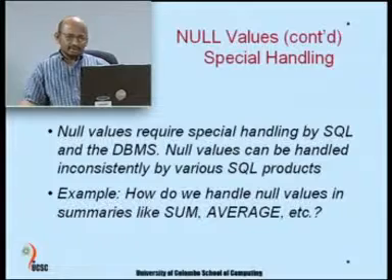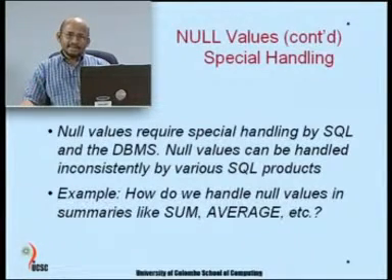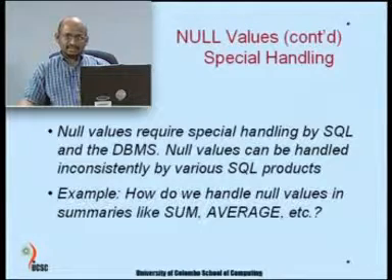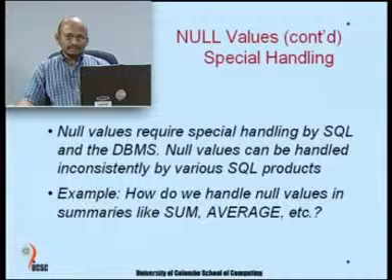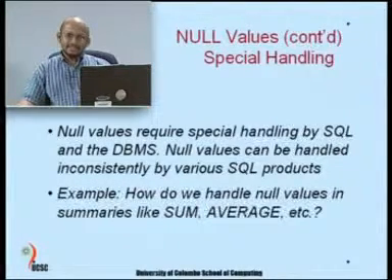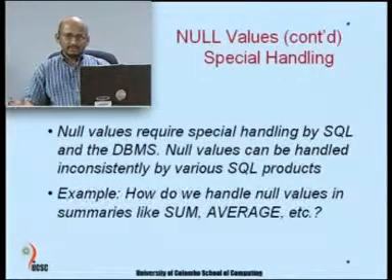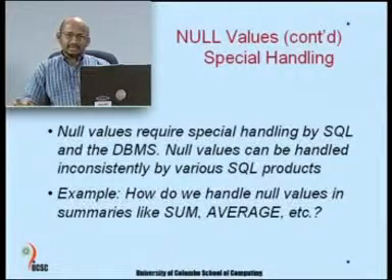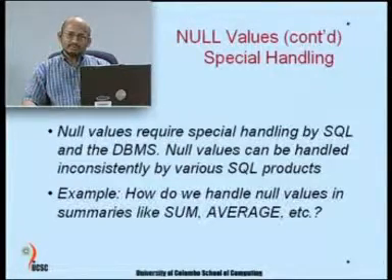So, null values require special handling, because when you retrieve data, some data comes with null values. When you do a count, you have to know whether you want to count with nulls or without. So, you have to have some idea about handling that when you are dealing with summaries for averages, sums and so forth.